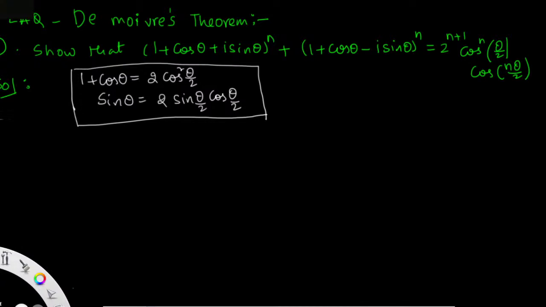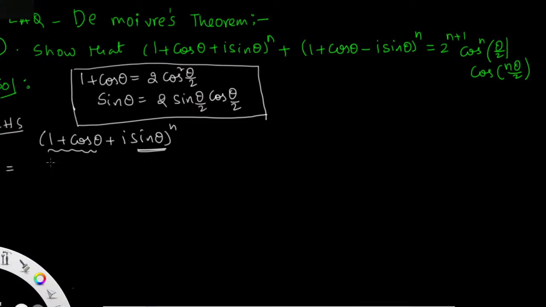So take the LHS, (1 + cos theta + i sin theta)^n. This is the real part and this is the imaginary part. The term with i is imaginary, and without i it is the real part.